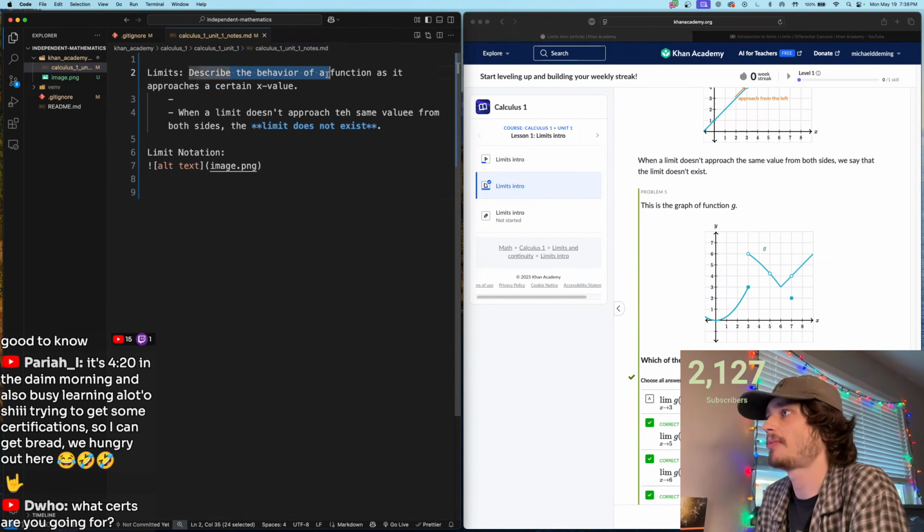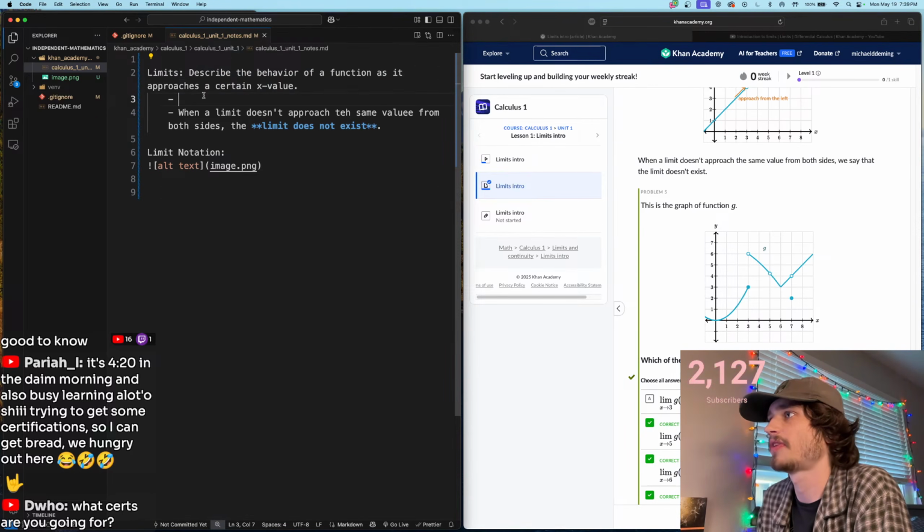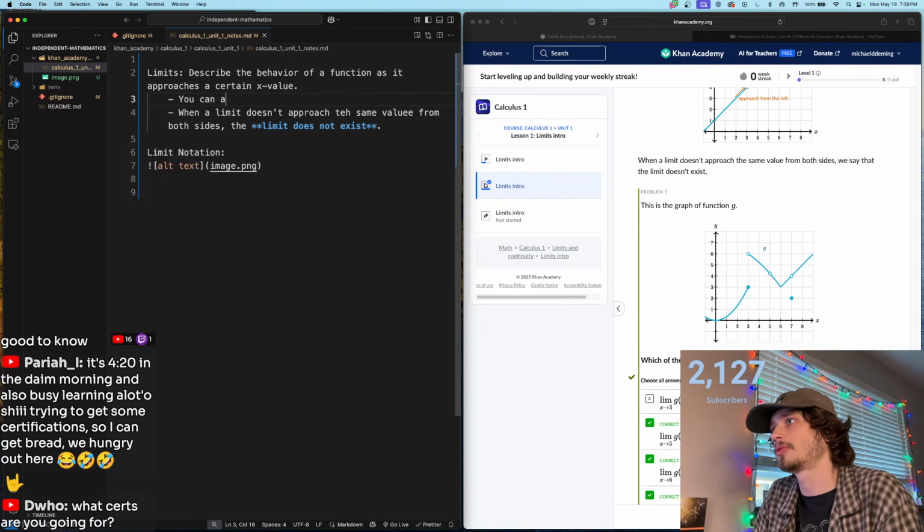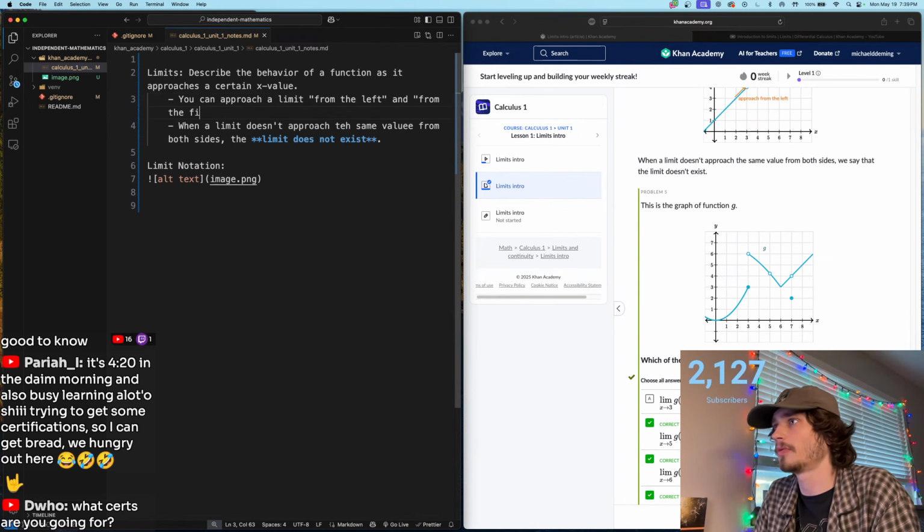So limits describe the behavior of a function as it approaches a certain value. You can approach a limit from the left and from the right.